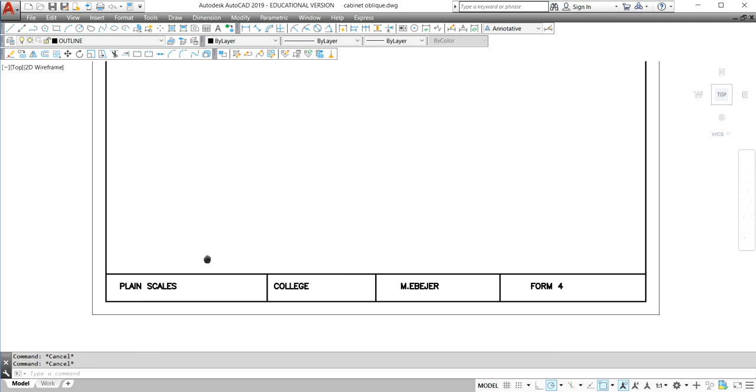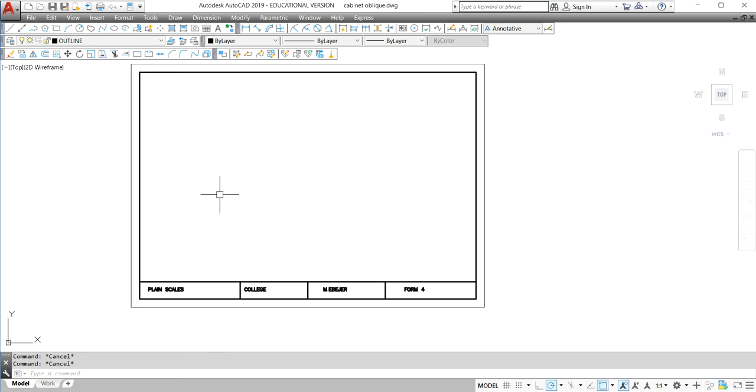Number one, to design a ruler, we need to know the maximum reading. It means how long our ruler is going to be. To start, I'm going to give you some information.